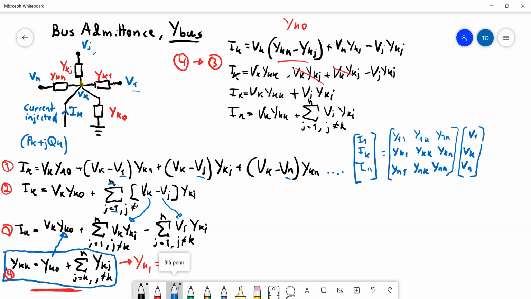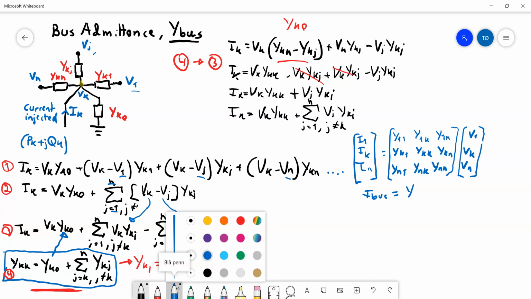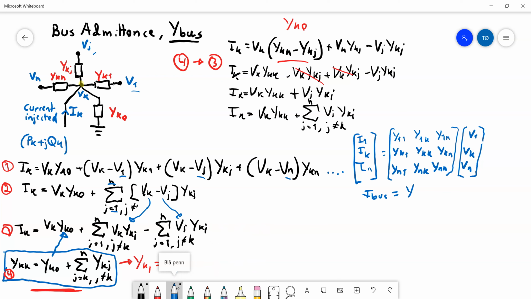And then this is written as the current I bus equals Y bus times V bus.